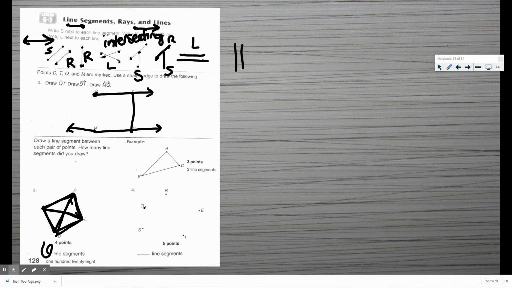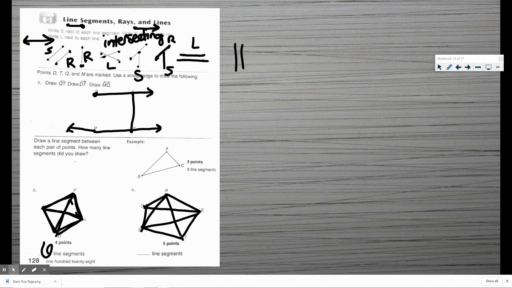I am going to draw line segment OR, RU, UE, EI, and IS, and SO. I can also connect RI and RS. I can connect OE and SE.